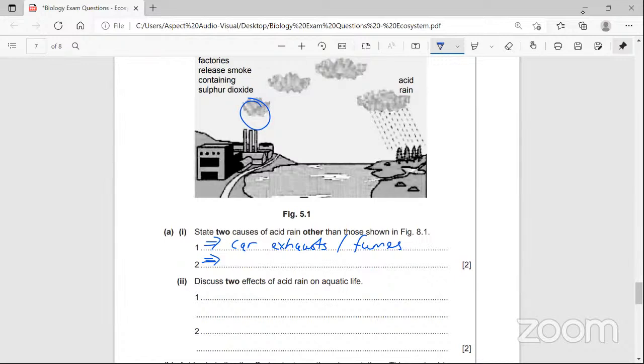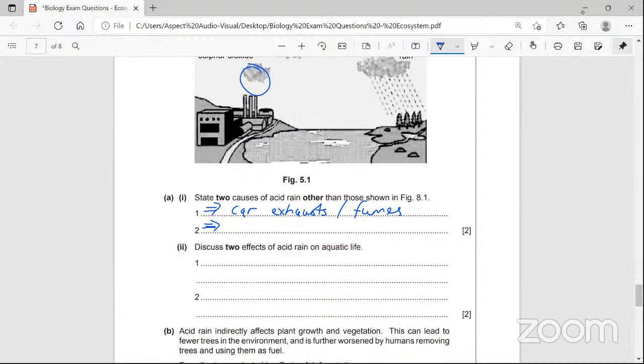What can cause it? Deforestation. If you're cutting down a lot of trees, that increases carbon dioxide concentration in the air, since there are no more trees to take in the carbon dioxide to photosynthesize and release oxygen.